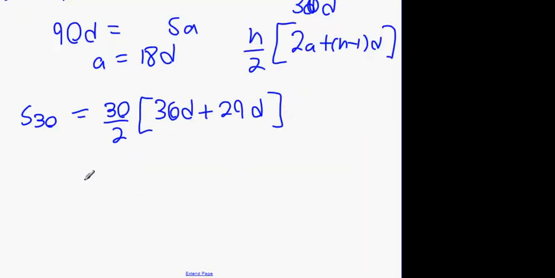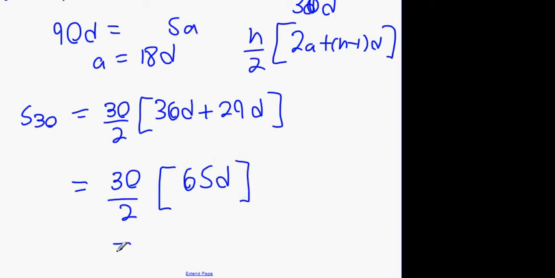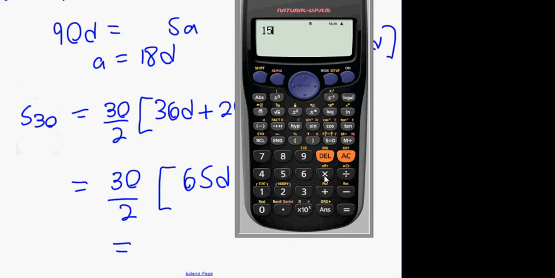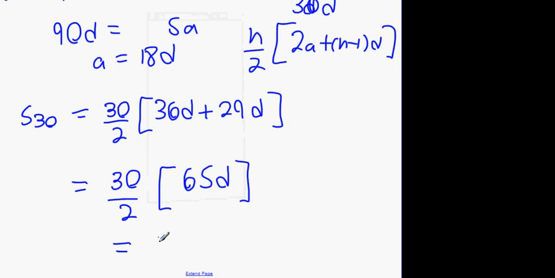And then that's going to be equal to 30 over 2 multiplied by 65d, and that's 15 times 65, which is going to be 975d. And that's what S30 is.